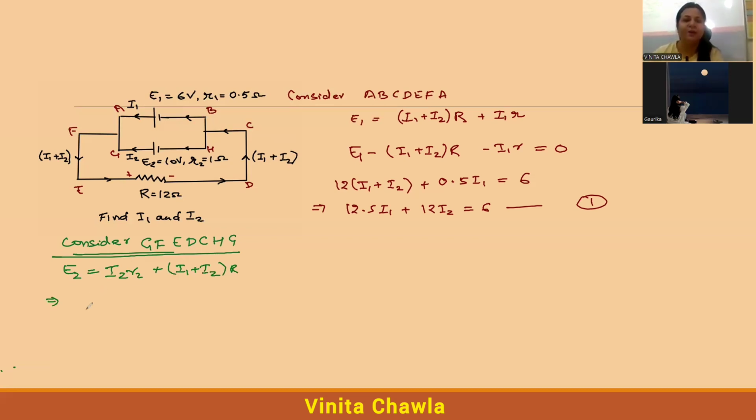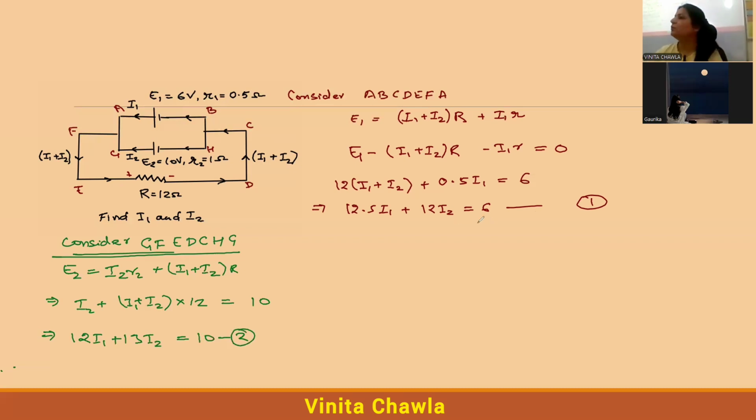So we can write I2 plus I1 plus I2 into 12 is equal to 10. Okay, so this implies we have 12 I1 plus 12 I2 plus I2 is 13 I2 is equal to 10. Let this equation be 2.